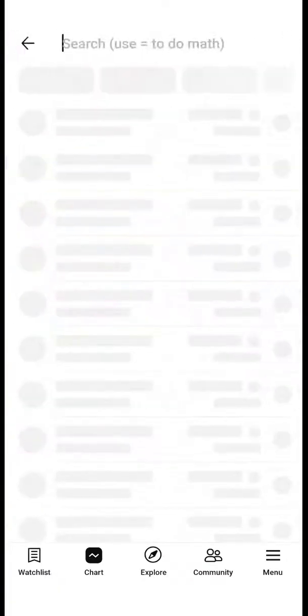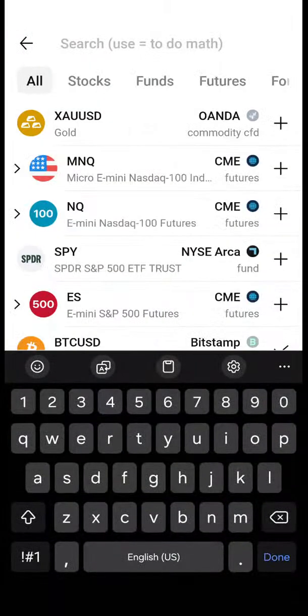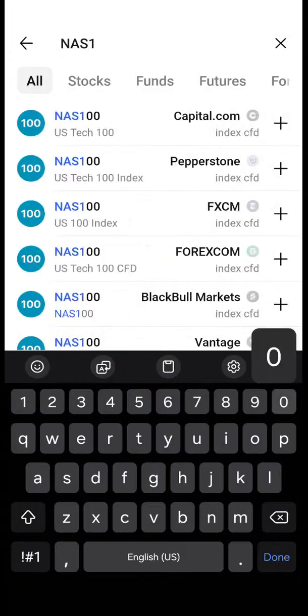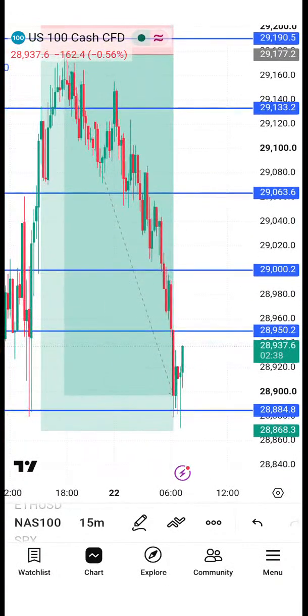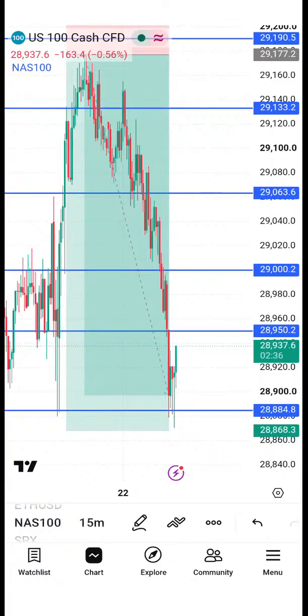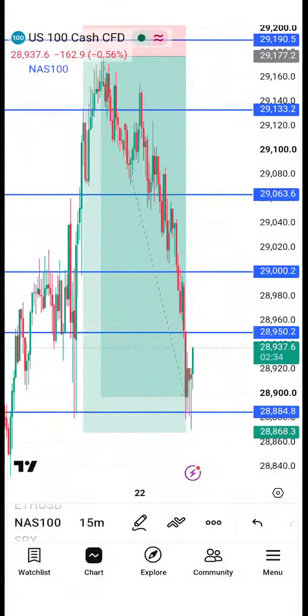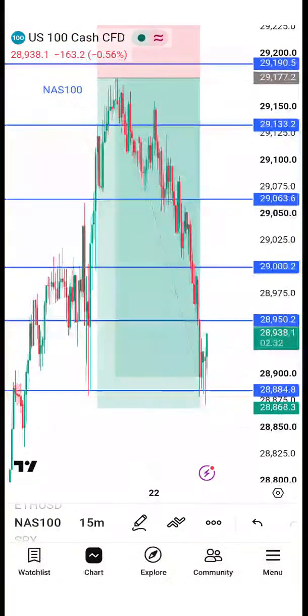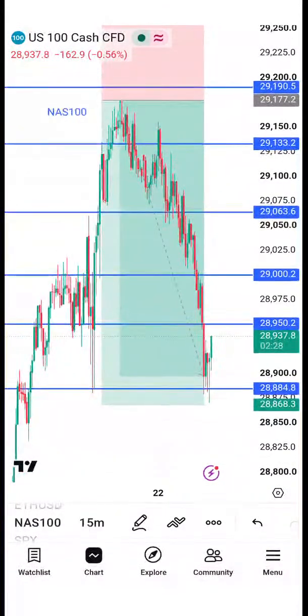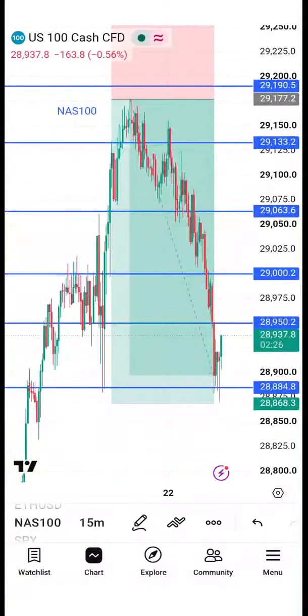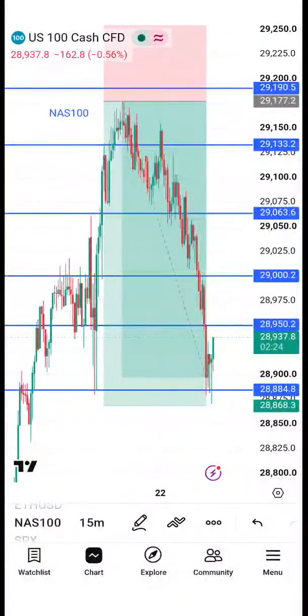Let's look at NAS100, guys. NAS100, because I had some sales on NAS100. Wow, man. Wow. So amazing. Look at the entry, guys.